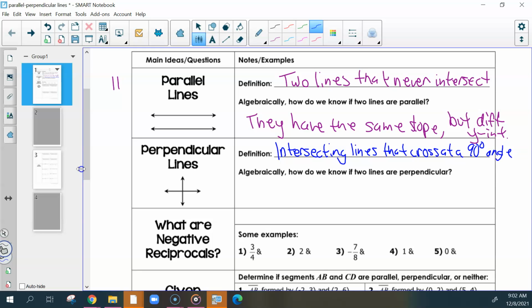And what we found about perpendicular lines algebraically, we know two lines are perpendicular if their slopes are negative reciprocals.